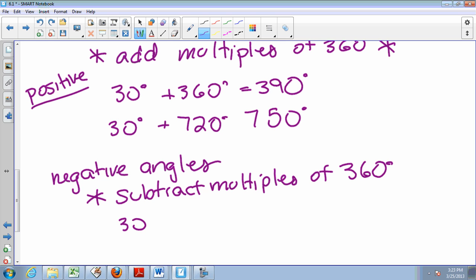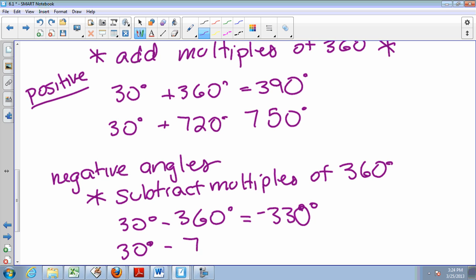So we take 30 degrees minus 360, and we get negative 330 degrees. We take 30 degrees minus 720 degrees, and we get negative 690 degrees.